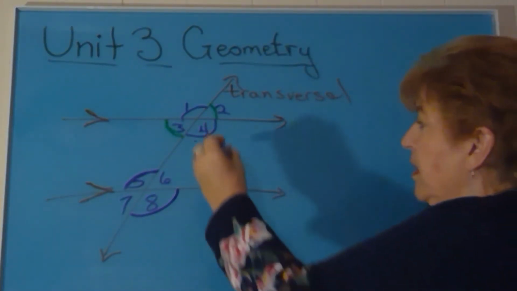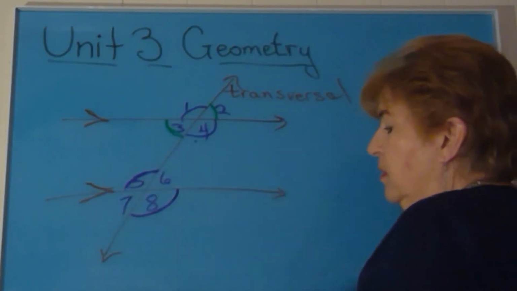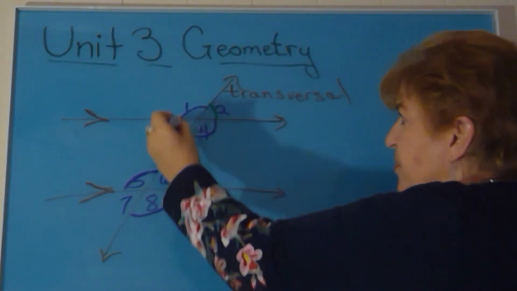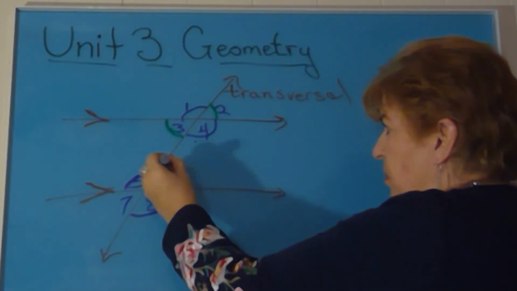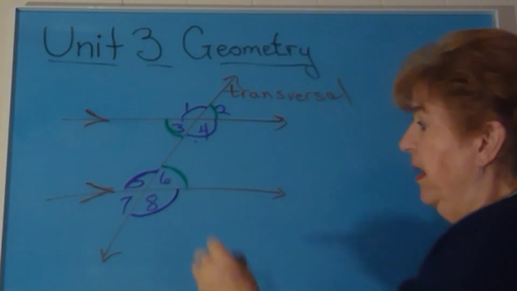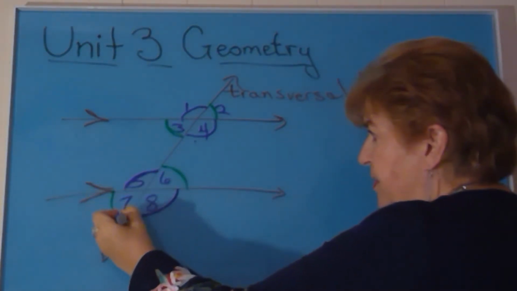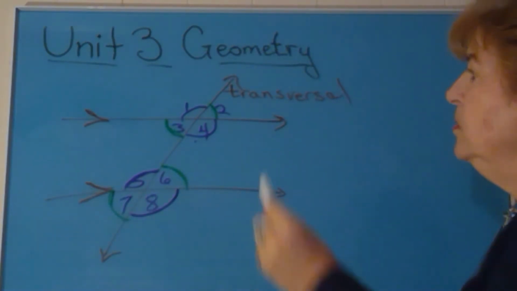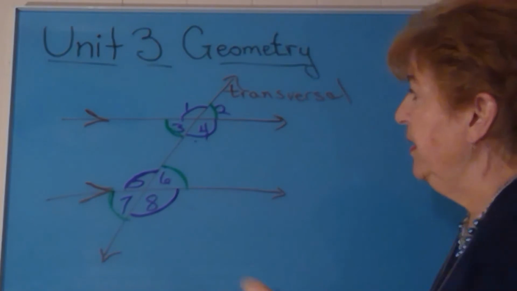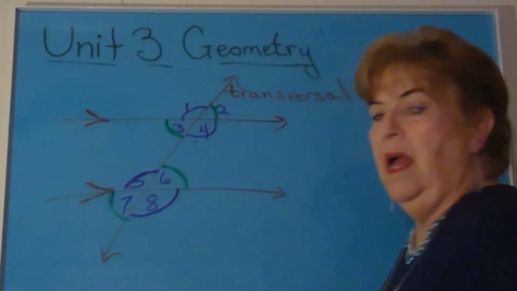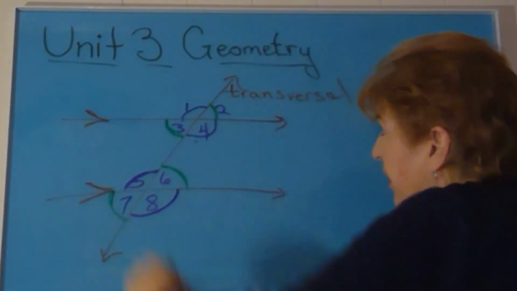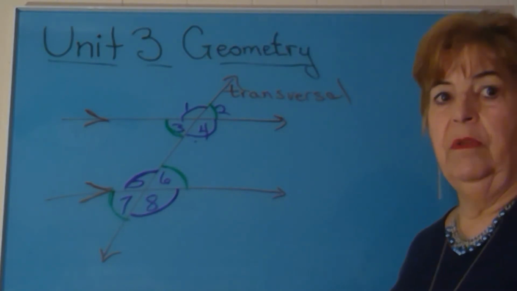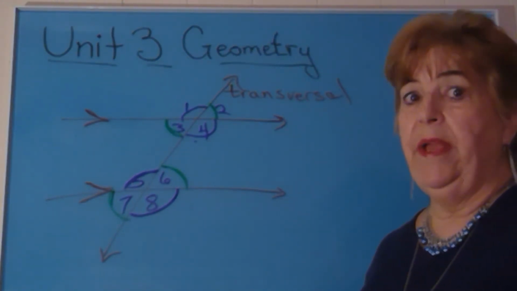Well, if 4 and 5 were equal, 3 and 6 must be equal. And 6 is vertical to 7, so we have those equal. So if you have a diagram like this with 2 parallel lines that are intersected by a transversal, you really only have 2 angle measurements.